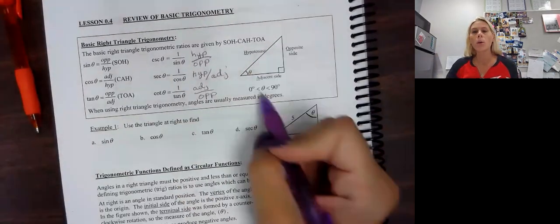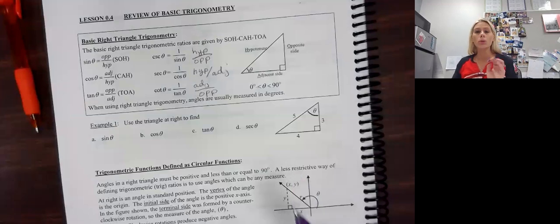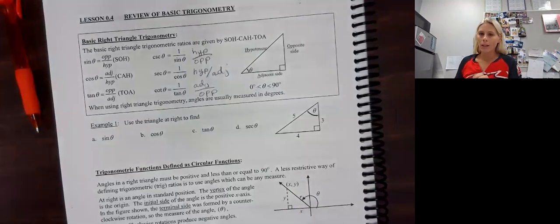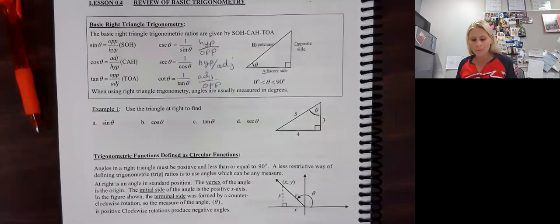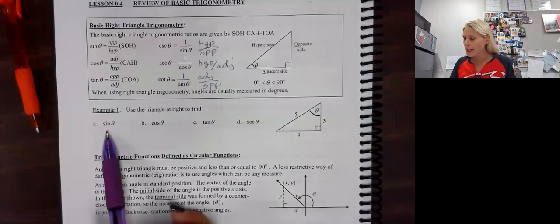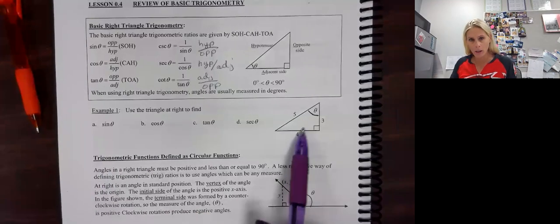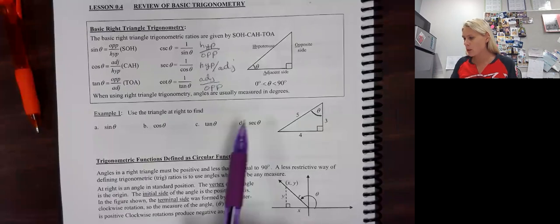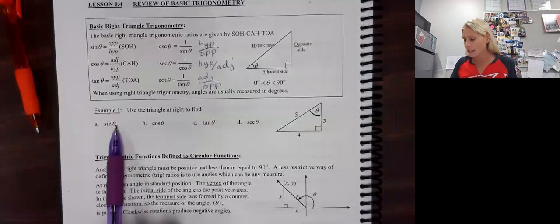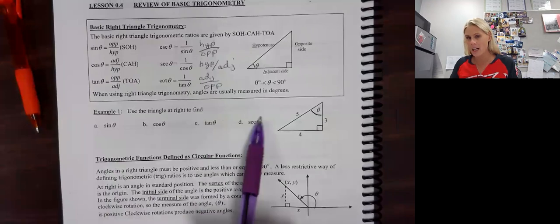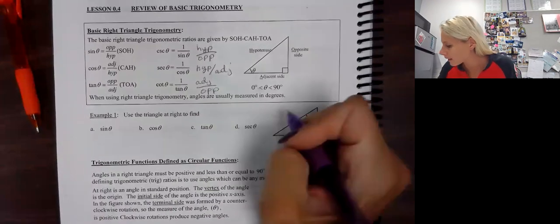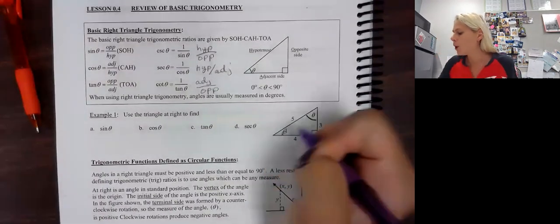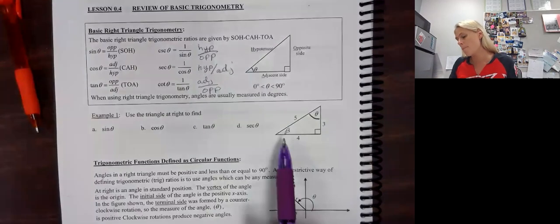Now remember, if you are only given 2 sides, you need to use the Pythagorean theorem, okay? So what we're going to do is use this right triangle to find these trig functions. What's very important is this. As you can see, it says theta. Now, if we had, let's say, beta here, you would have to do the trig function from beta.